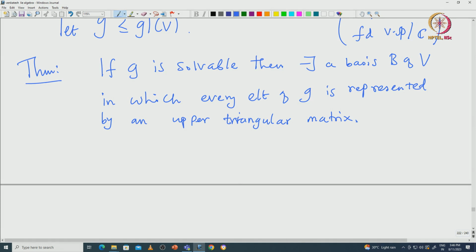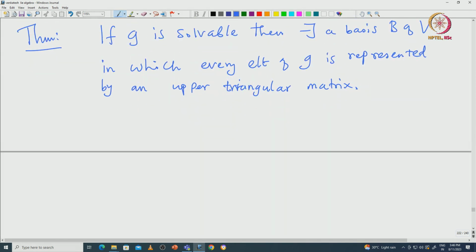One can think of this as a generalization of a result you have learned in linear algebra. Given one matrix you have what is called the Jordan canonical form, which looks like an upper triangular matrix. But now we are dealing with a family of linear transformations.